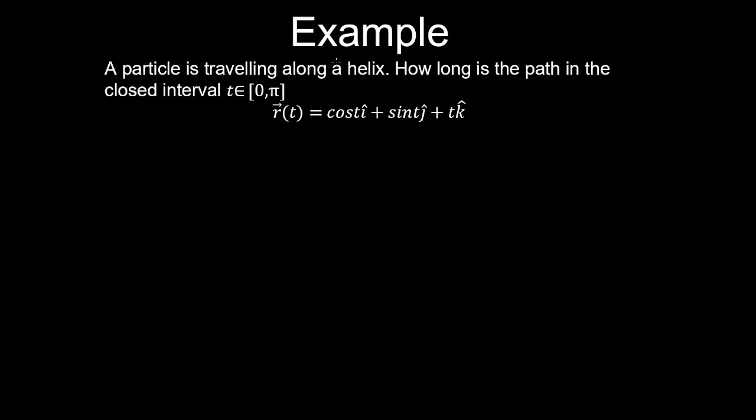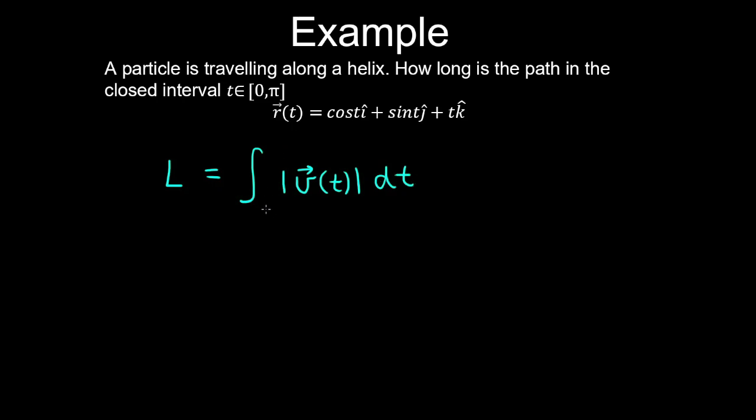A particle is travelling along a helix given by the following position vector function. How long is the path in the closed interval from t equals 0 to pi? Well, recall the arc length formula is the integral of the magnitude of the velocity vector, which is a function of t, over t.